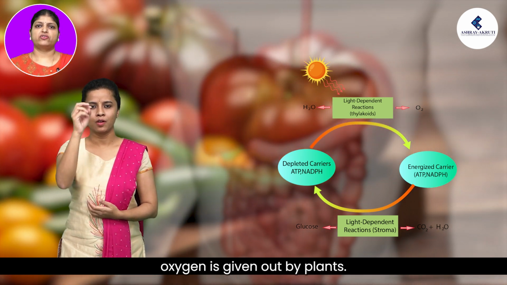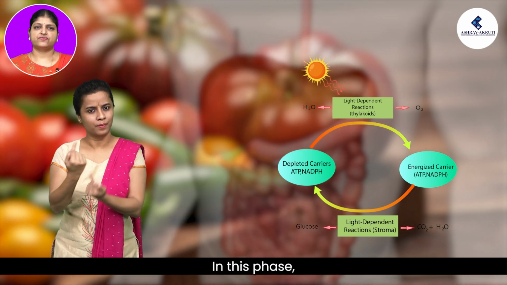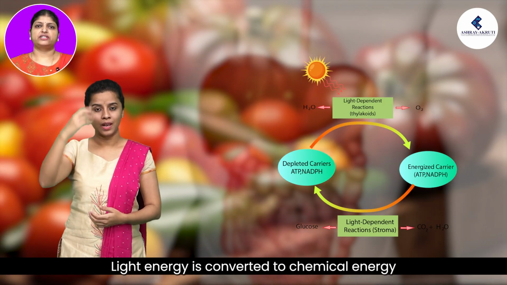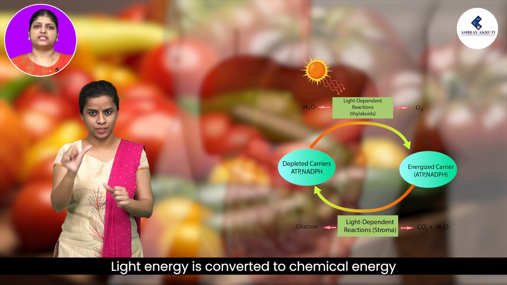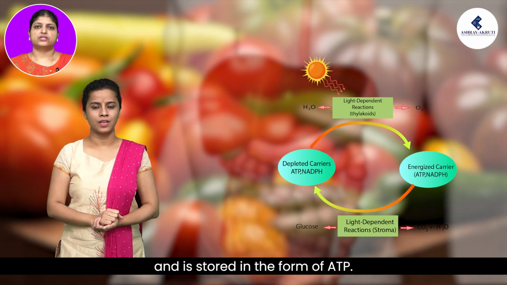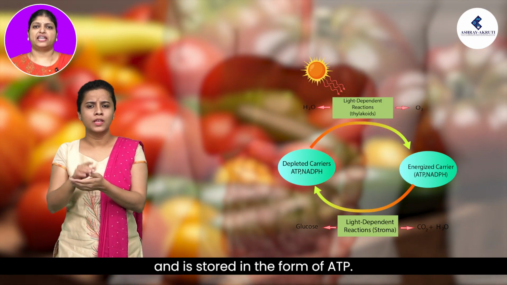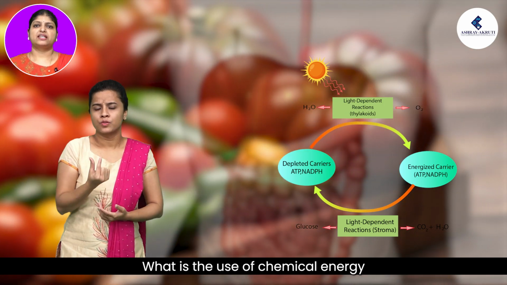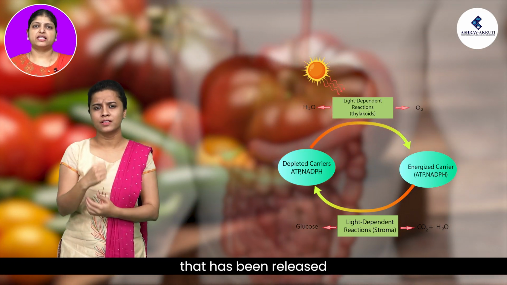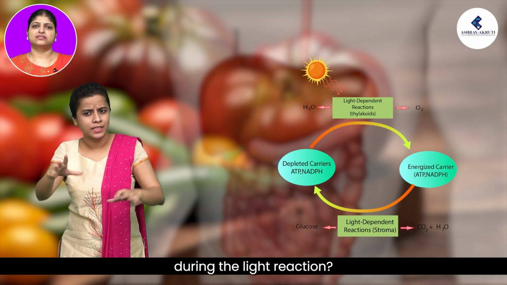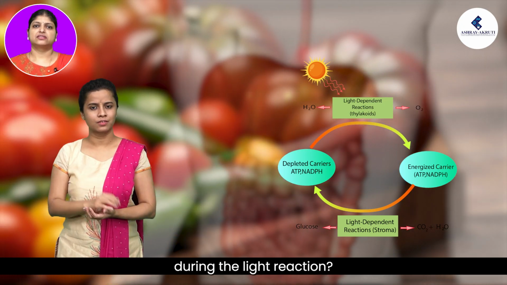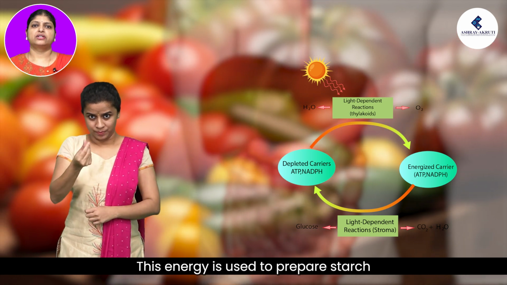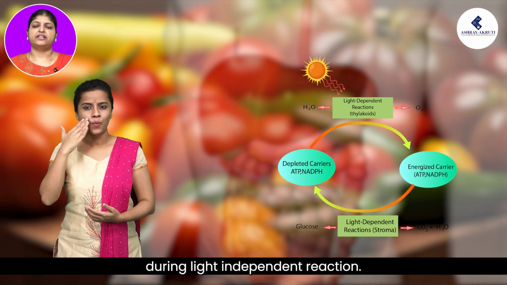Oxygen is given out by plants in this phase. Light energy is converted to chemical energy and is stored in the form of ATP. What is the use of chemical energy that has been released during the light reaction? This energy is used to prepare starch during light independent reaction.